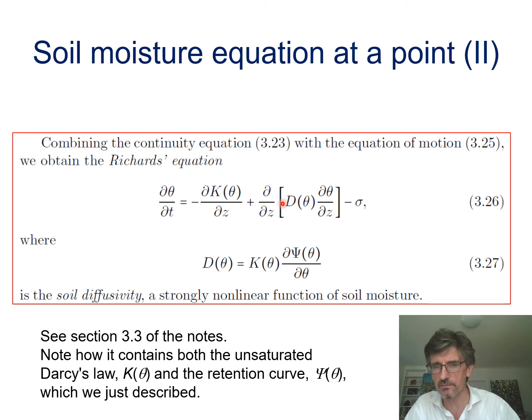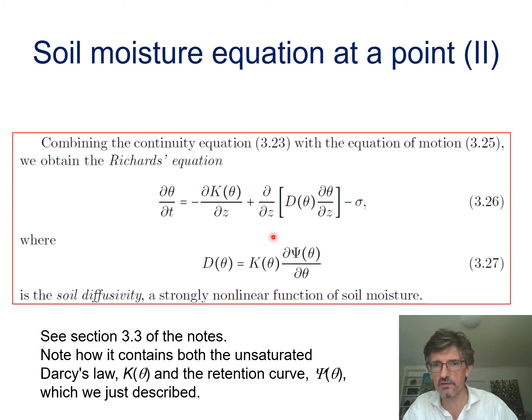You see that there is diffusion because there are two derivatives here, and this is the so-called soil diffusivity. When you combine the continuity equation and the equation of motion, the extended Darcy's law, you will see that it provides this type of soil diffusivity, a strongly nonlinear function of the volumetric water content that contains both the unsaturated hydraulic conductivity and this here, which is the retention curve, how the matric potential changes as a function of theta.